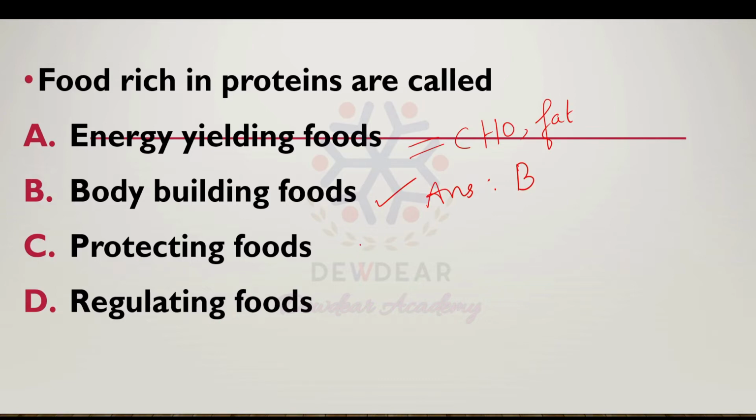And the proteins include milk, egg, meat and fish. These are all rich in proteins, and these are the bodybuilding foods. So here the correct answer is option B.